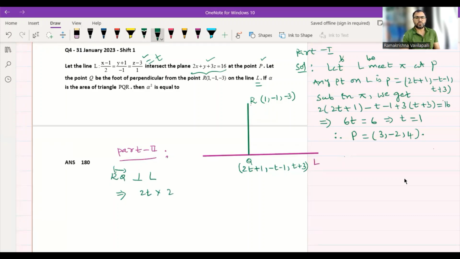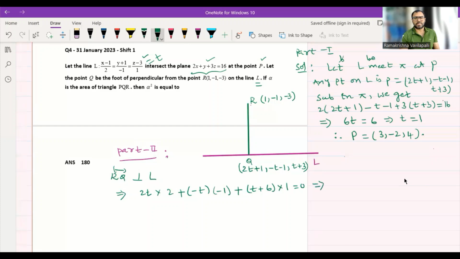So into 2 plus minus t minus 1 minus of minus plus 1, so that is minus t. Line DRs next one is minus 1, plus t plus 3 minus of minus t plus 6, into 1 equal to 0.